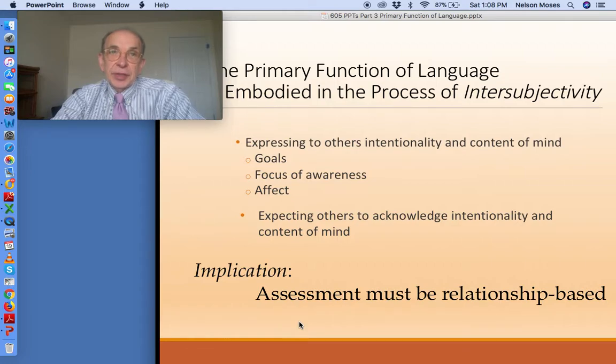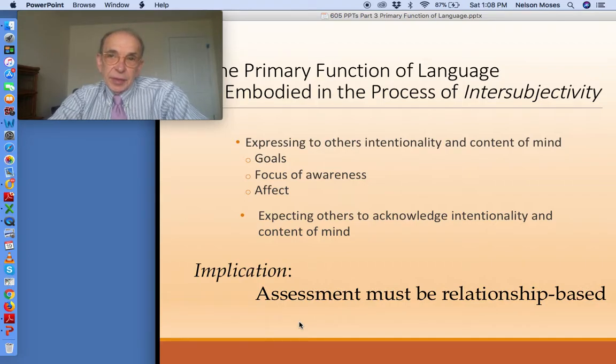That is, you, the clinician, must pay attention to your client's intent, the intent that they're expressing when they speak, their reasons for speaking, what they're focused on, how they're feeling, and give them signals.